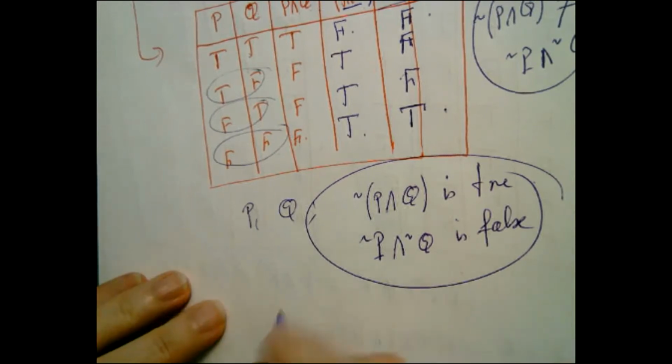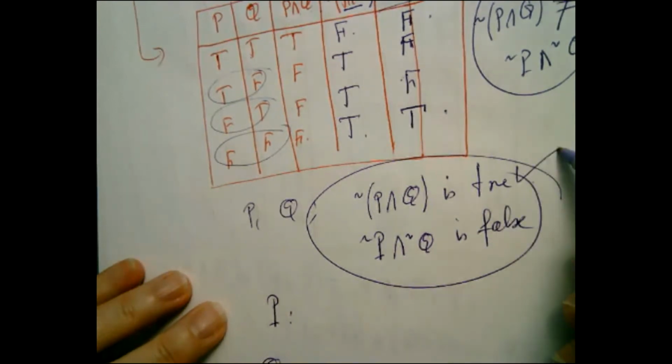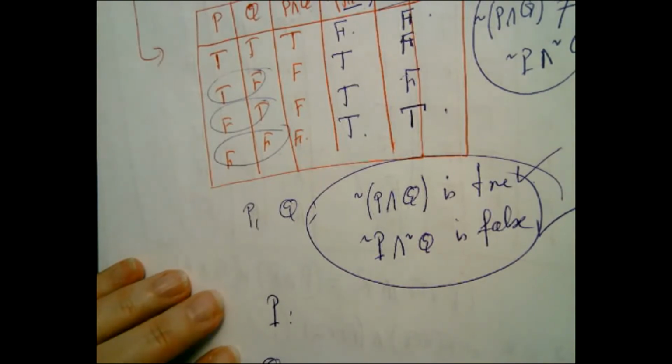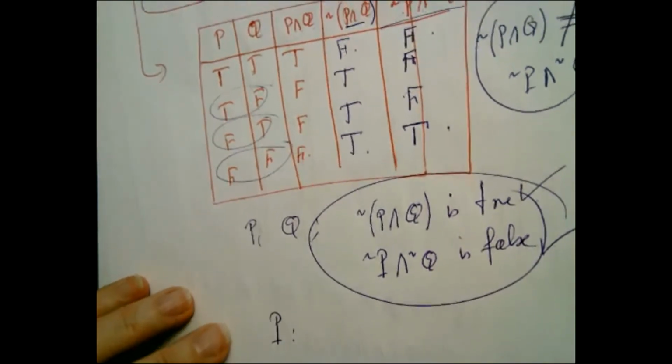I want a P. I want a Q. Make this true and this false. And the truth table should actually give it away for you.